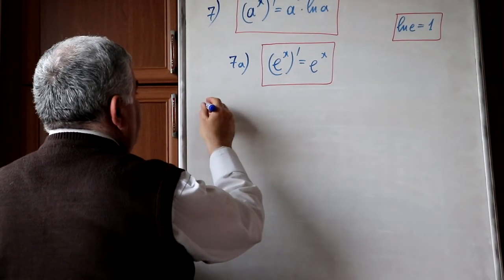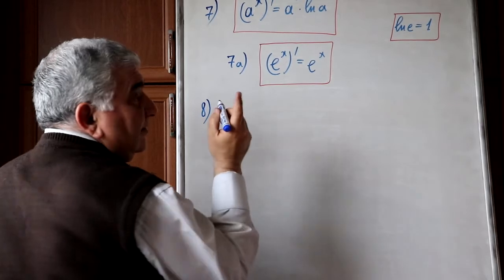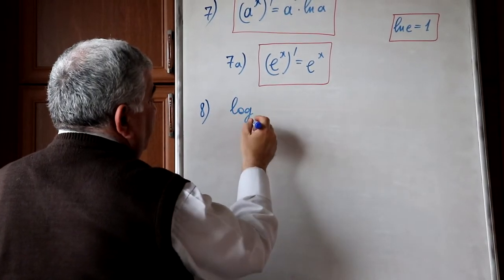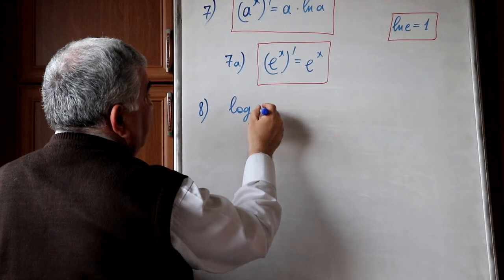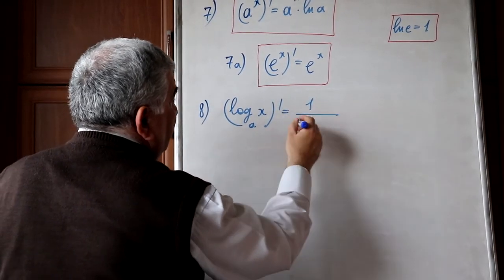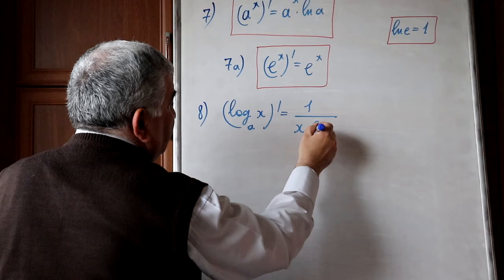Then eighth formula, derivative of logarithmic function. Logarithm to base a of x prime is 1 over x multiplied by natural logarithm of a.